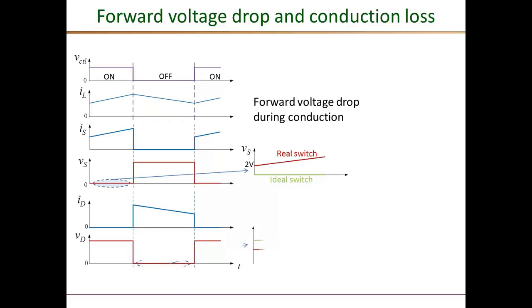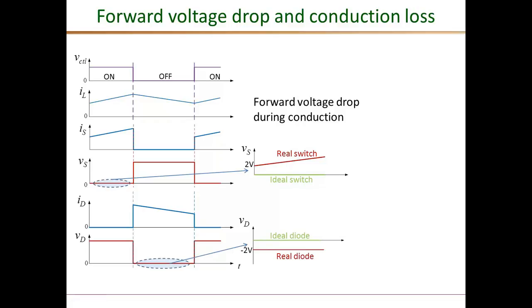Similarly, if you zoom in on this region for the diode drop, we can see that an ideal diode, of course, has a 0 drop across it, whereas a real diode, so I've been drawing the diode voltage as the cathode to anode voltage.